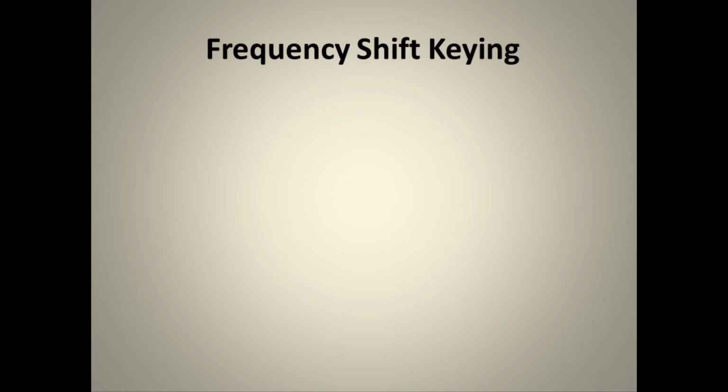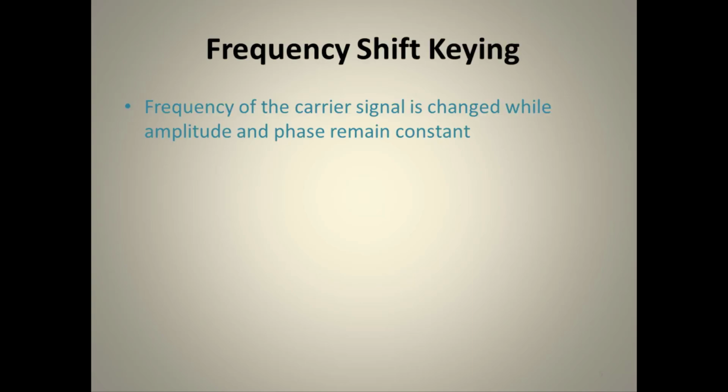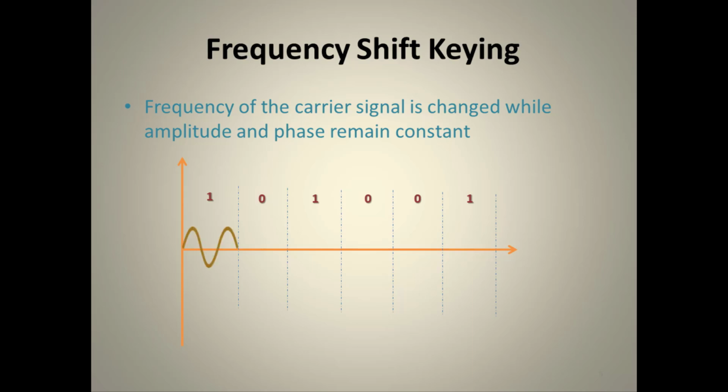Then next is frequency shift keying. In this case, the frequency of the carrier is changed with respect to the digital data, and amplitude and phase remain constant. Let us see how it works with the same data 101001. For sending 1, we send this particular analog signal. For 0, we send this one.